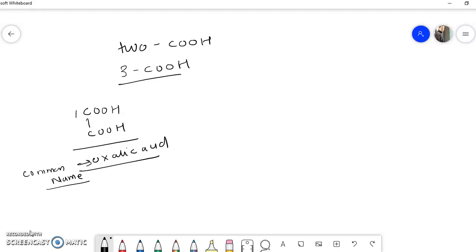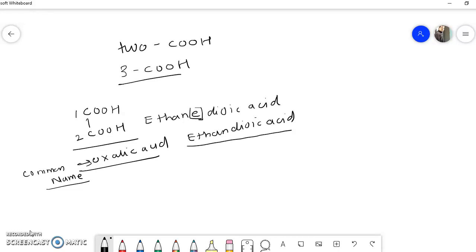Just select the longest chain, 1, 2. So parent name is ethane. Okay, now we have to replace this E of ethane by OIC acid, but see here two COOH groups are there, so you have to write down here di. So what is the complete name? Ethanedioic acid. This will be the name of oxalic acid in IUPAC system. I hope you have understood.